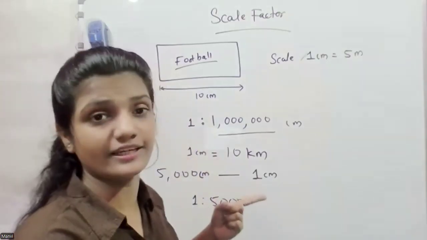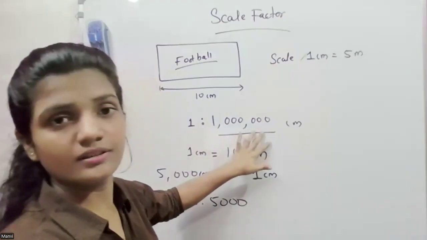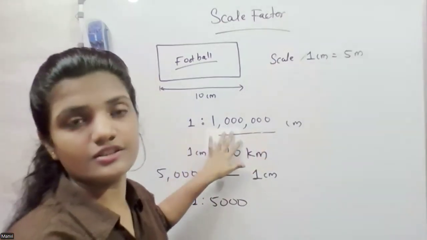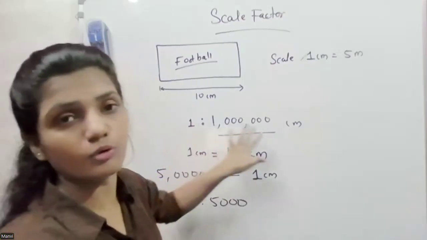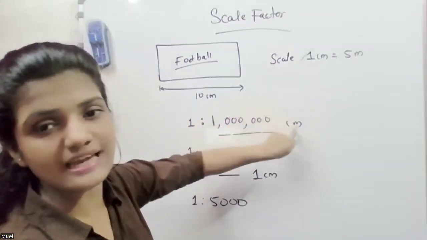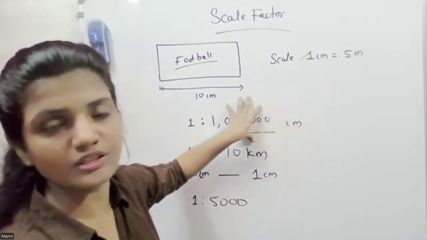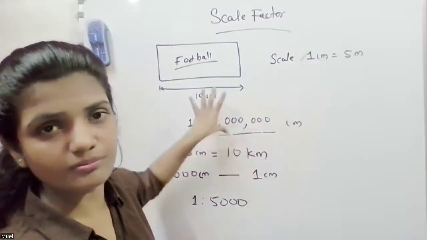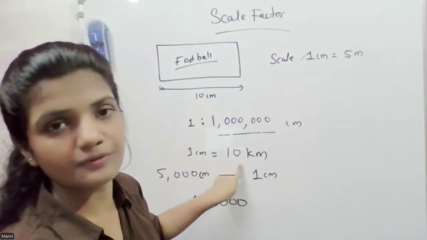The third thing is when they just give us a scale. We need to make sure we always put the same unit on both sides. So if this is 1 centimeter, that is also in centimeters, and we can convert this many centimeters into kilometers. So 1 centimeter equals 10 kilometers.